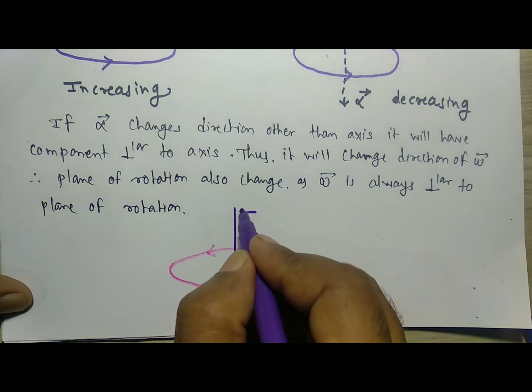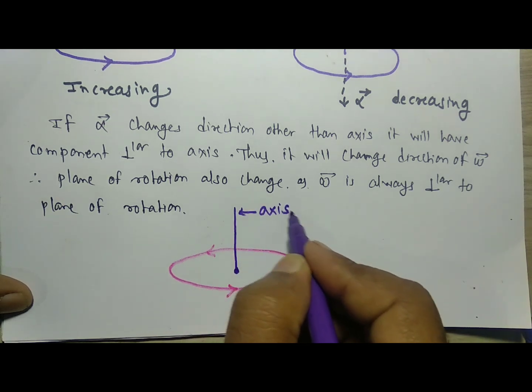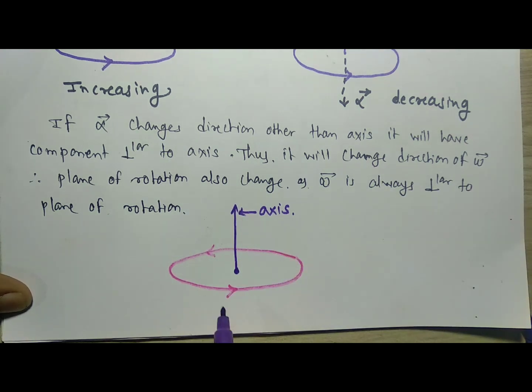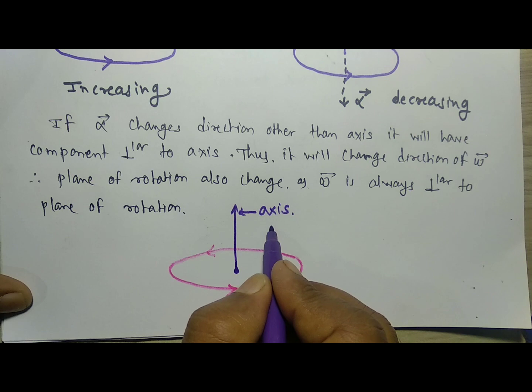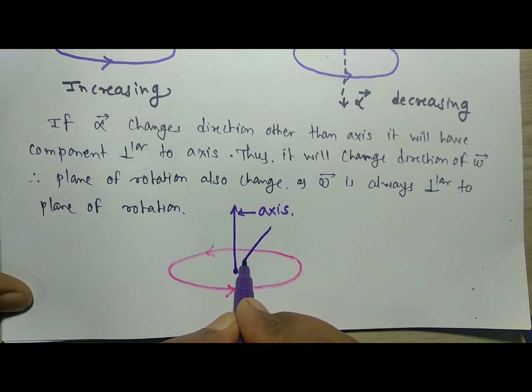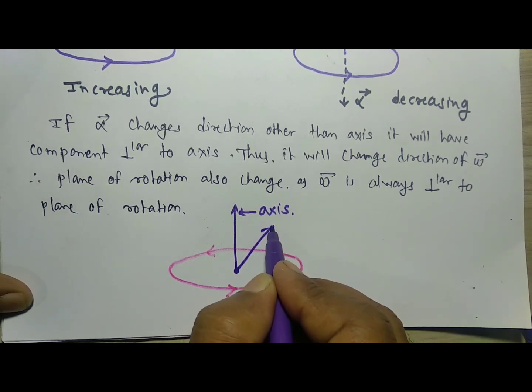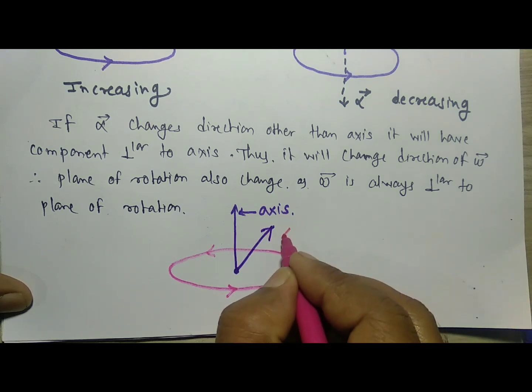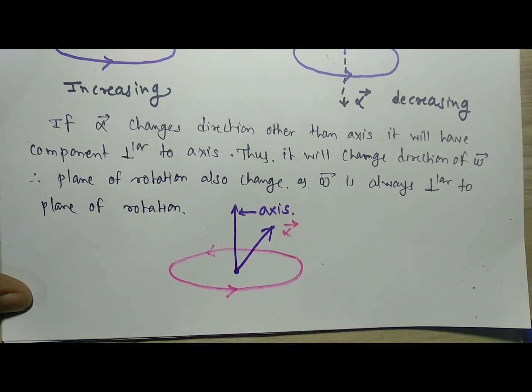Let us consider that alpha changes its direction. That means alpha is moving in that direction. Alpha bar is here. Now alpha changes the direction.